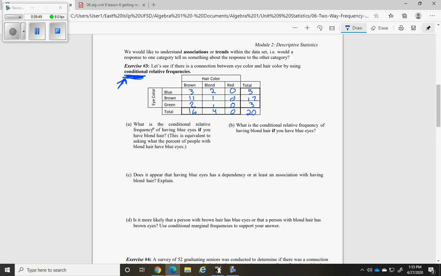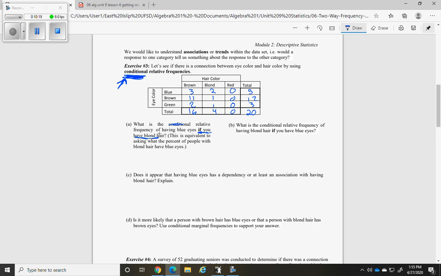When it says, what is the conditional relative frequency, they don't have to tell you it's a condition, because right here it tells you of having blue eyes if you have blonde hair. This if you have blonde hair is a condition. Like, I only want to look at the people who have blonde hair. That's the condition. You must have blonde hair. Of the people who have blonde hair, how many have blue eyes?